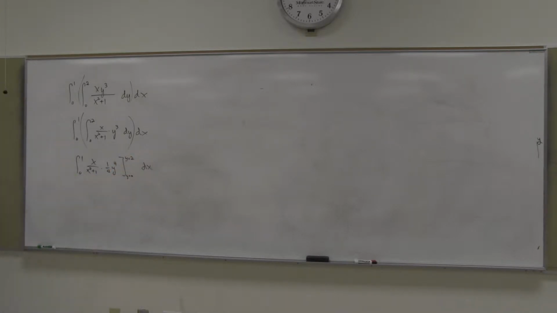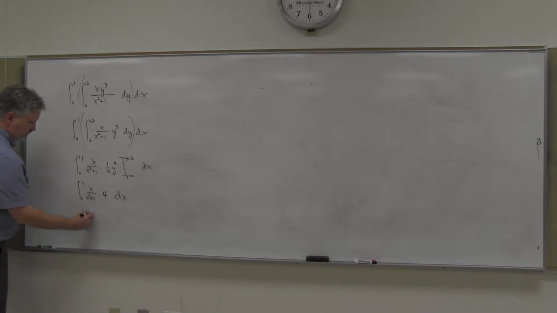Handle the dx here in a second. So if I plug in y is 2, we get 1/4 of 16, which is 4. The 0 gives me 0. So 4x, the way you think of it, 0 to 1, 4x over x squared plus 1.